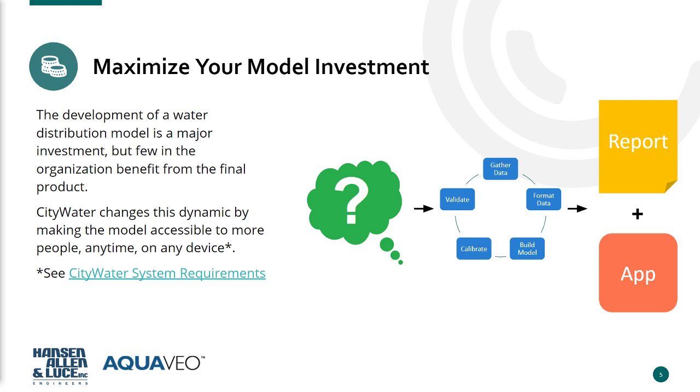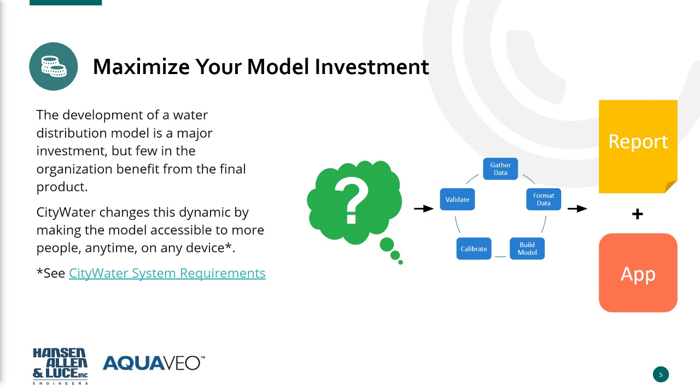So the first key feature has to do with maximizing your modeling investment. Hydraulic models usually get built through the process of master planning, and there's a lot of effort and money involved in creating a master plan. One of the key outputs from master planning is a report that usually goes on the shelf, and then a hydraulic model that sometimes also, unfortunately, goes on the shelf.